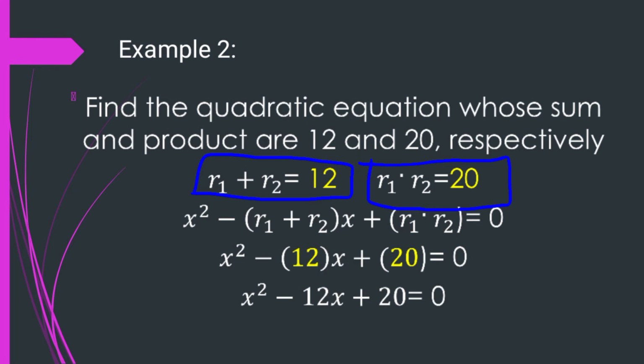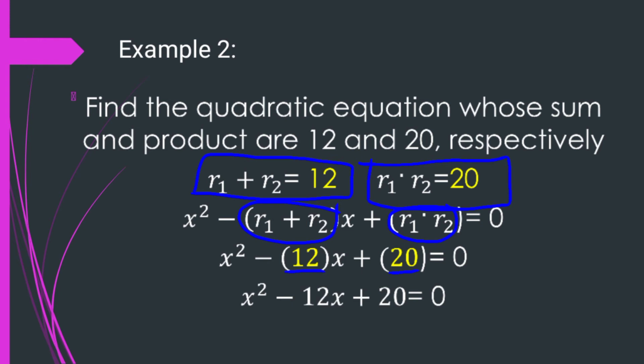So, we are going to use the form x squared minus the sum of the roots times the variable x plus the product of the roots equals 0. So we are just going to replace r sub 1 plus r sub 2 by the sum, 12, and r sub 1 times r sub 2 by the product, 20.